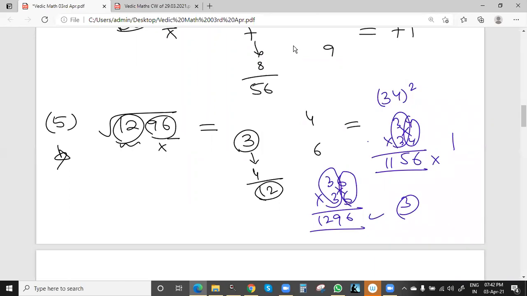So we can take either 34 or 36 and verify by this squaring trick. Quickly, within 30 seconds, 1156 means it is 36. Otherwise we can remember that 36 is the one exceptional case for this method, because here the 1 will be the same, and we can verify also.